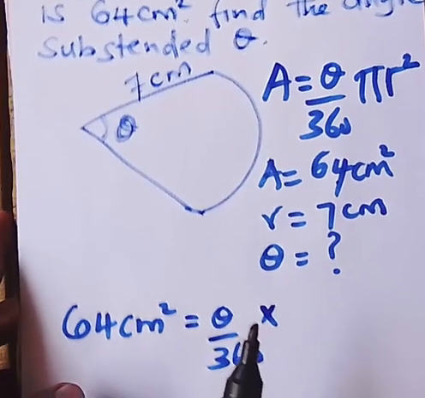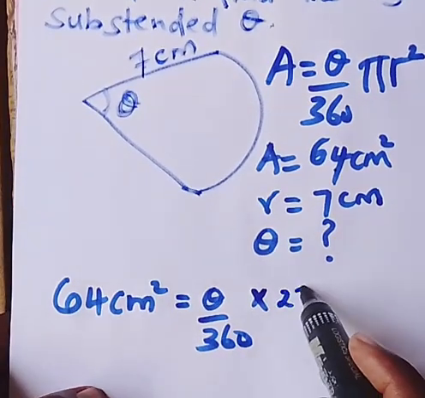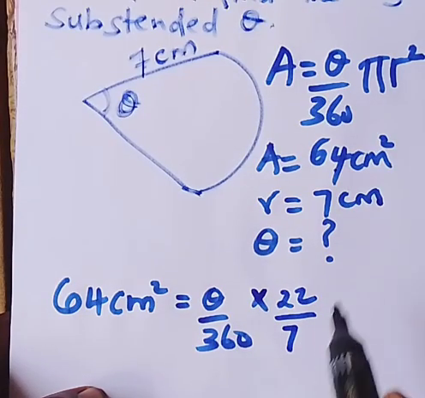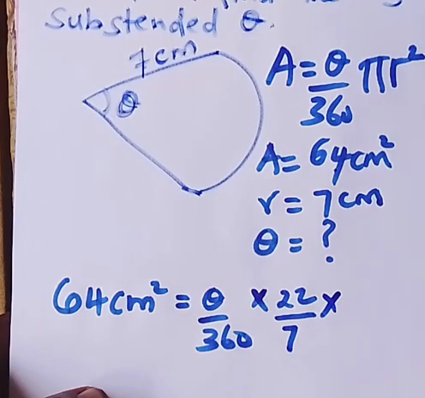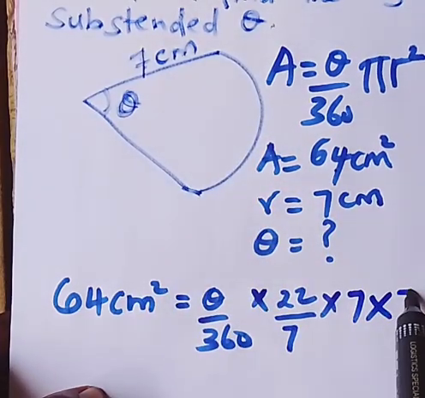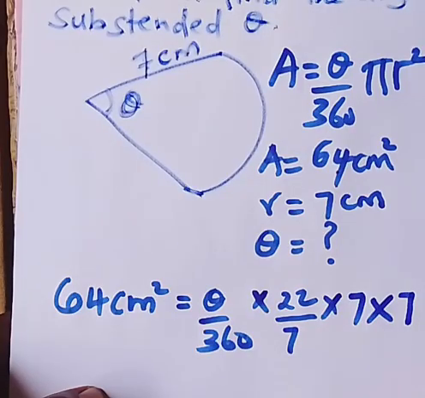Pi we know is 22 over 7. Then you multiply by the radius, which is 7. So you say times 7 times 7.